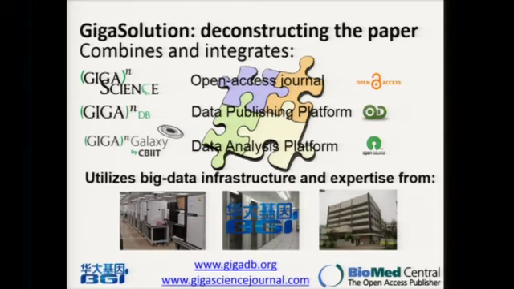So we're based at the BGI, working with the open access publisher BioMed Central, and so we have not just a publishing platform, but a data publishing platform, and also analyses and other kinds of infrastructure that we can use, being based at BGI.